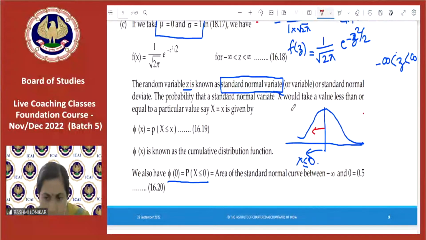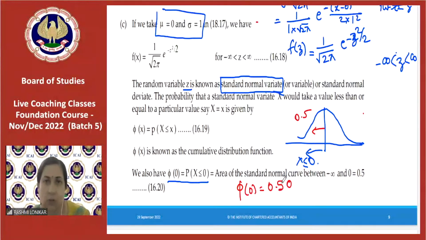What is the area? Area will be 0.5. And that is why we say that phi of 0 is equal to 0.5. You don't have to write down how this phi of 0 is 0.5, but you only need to understand it. Just keep it in your head, and if it is still confusing, just remember that phi of 0 is 0.5. Okay.